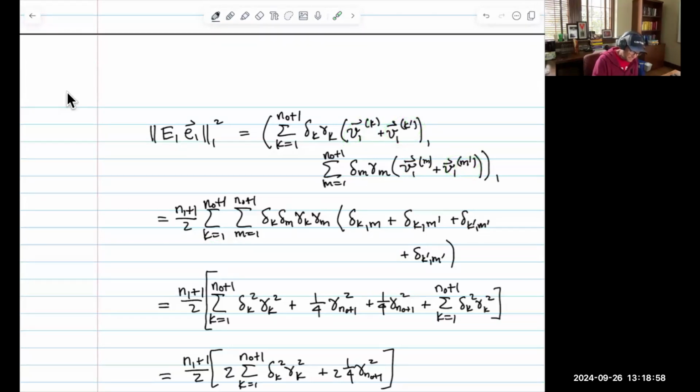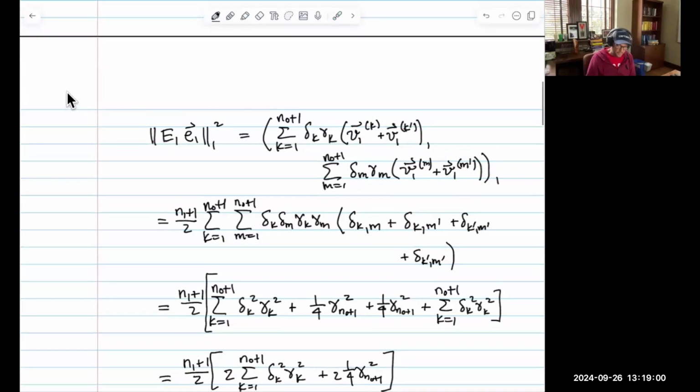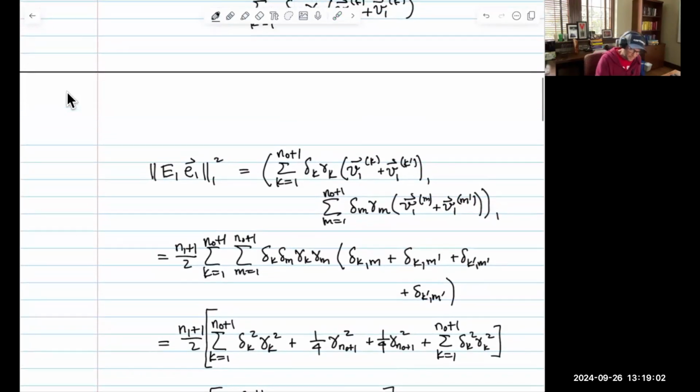Now I'm going to use the fact that I know what the inner product of any vector is with a relative in that same basis. So V1K and V1M: that's equal to (n1 plus 1)/2 times the Kronecker delta, delta km.